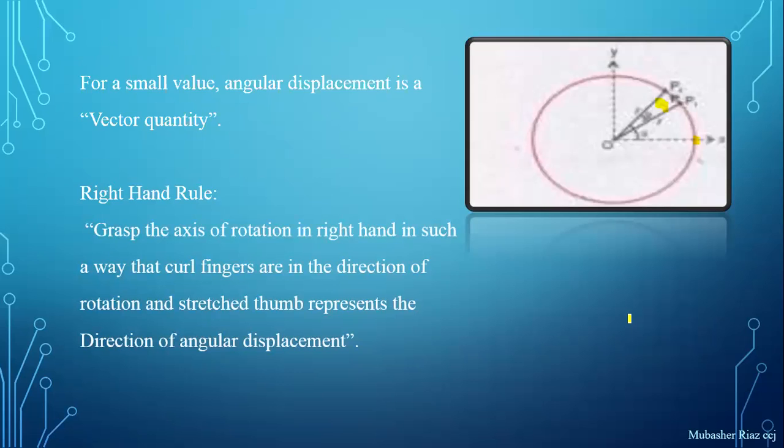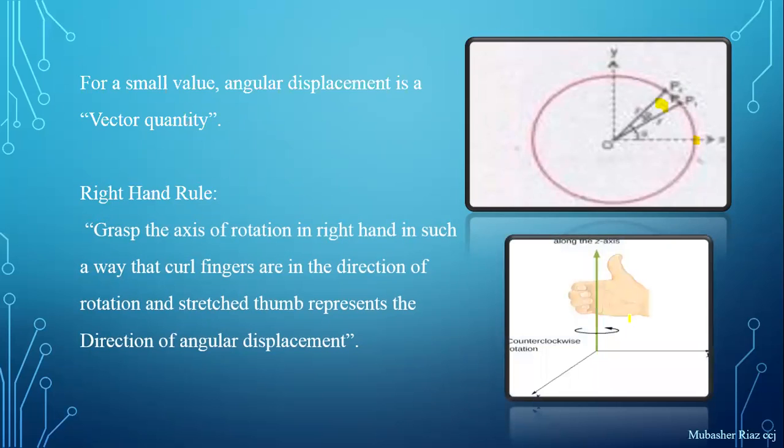If the object is moving anti-clockwise, then your curled fingers are in the direction of rotation, which is anti-clockwise, and your stretched thumb represents the direction of angular displacement, which is acting along the axis of rotation. So with the help of the right hand rule, we can determine the direction of angular displacement.